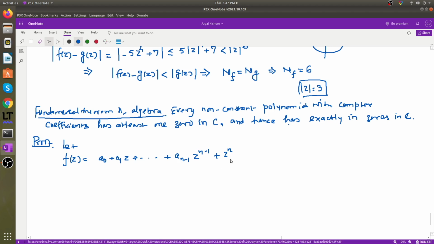It is a polynomial of degree n, where all the coefficients a_i belong to C, for i from 0 up to n minus 1. Further, let C be a circle of radius r, with the condition that r is greater than 1.